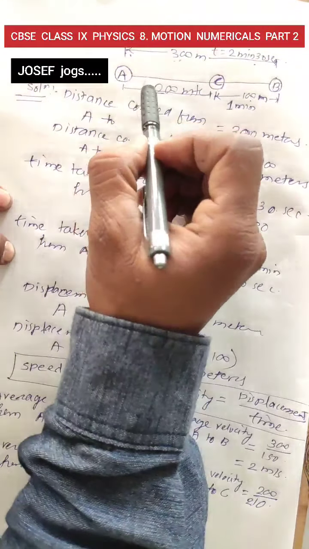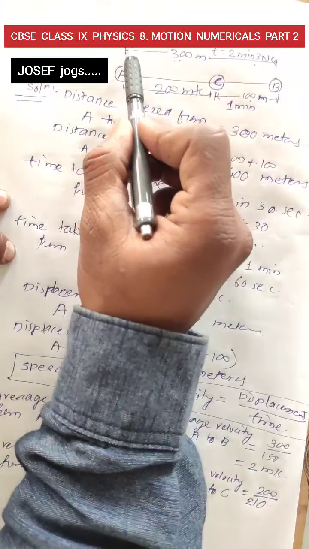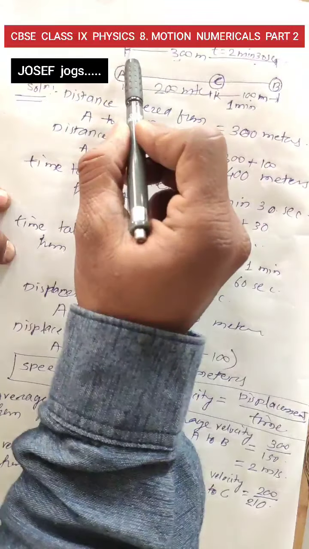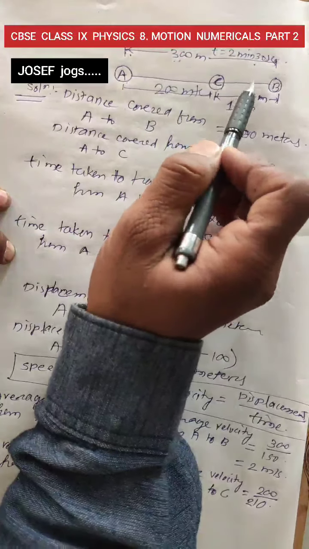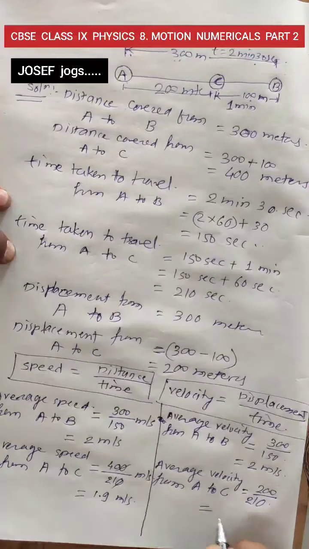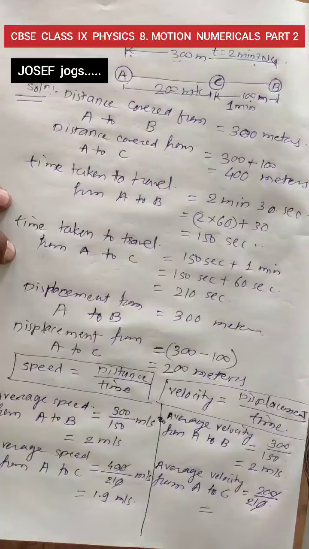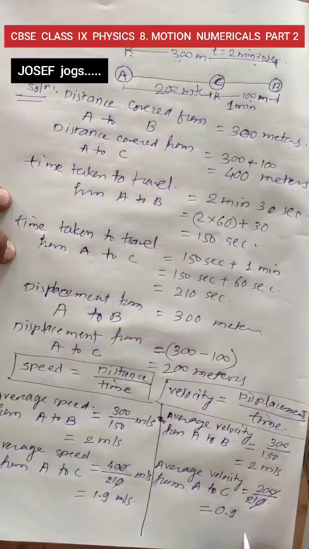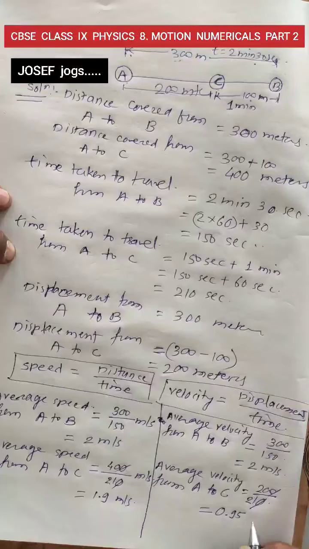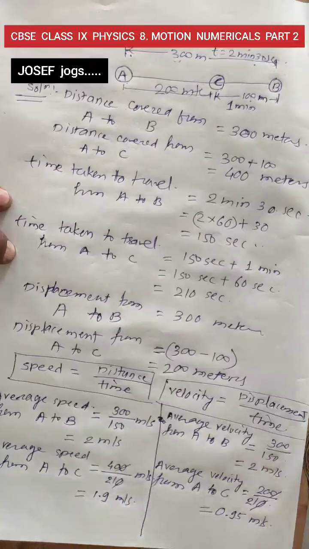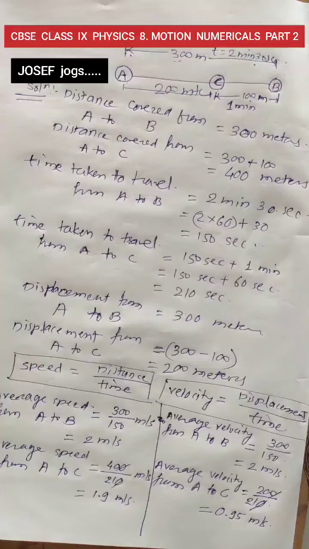The displacement is 200 meters, but the time will be the same as usual, A to B and B to C. There is no change in the time. Okay, so here the 0 gets cancelled. Again 20 divided by 21, after calculating we get 0.95 meters per second. So that is the answer of this example. Okay.